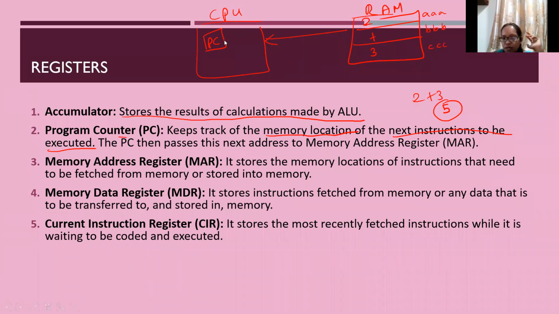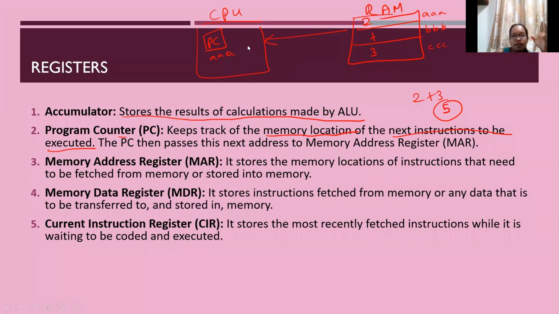Now, at the very first, the PC will show AAA, inside the PC. That means the CPU now knows the next instruction that I have to take resides in that particular AAA cell. So it will go to that AAA cell of the RAM and take the data.